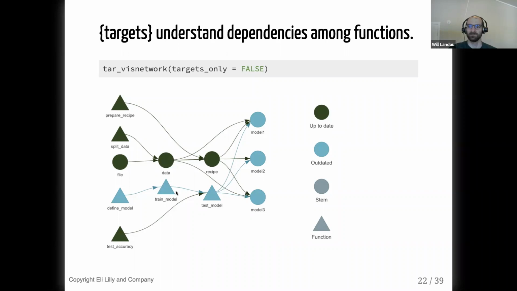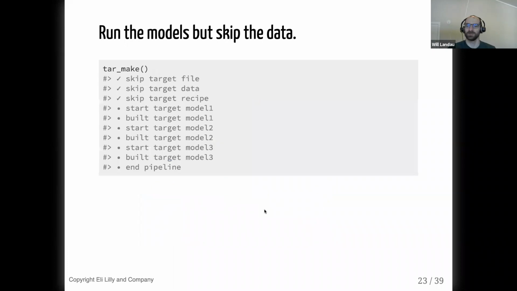And any results from train model also use define model because of the way they're nested. And so that invalidates all the outputs of train model. Likewise with test model. And so all of these models are now no longer up to date, and they rerun once you run the pipeline again. So this lends a little bit more confidence that if there actually is something to rerun, targets will detect it.